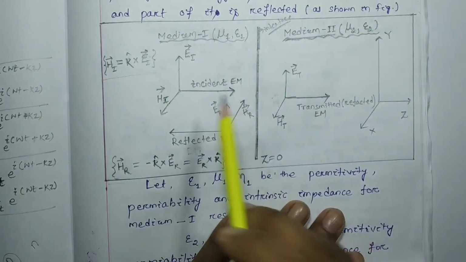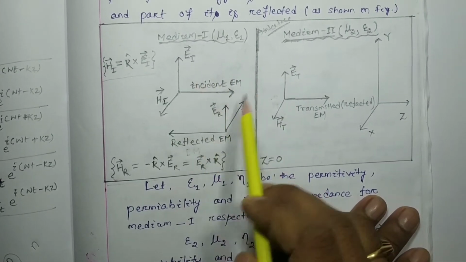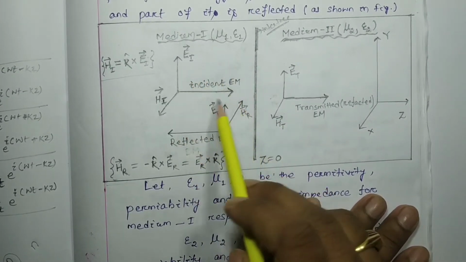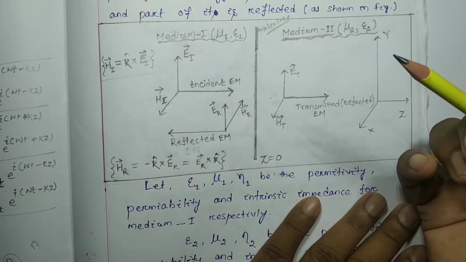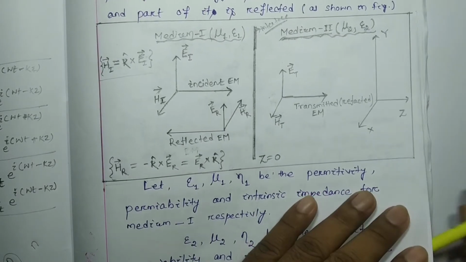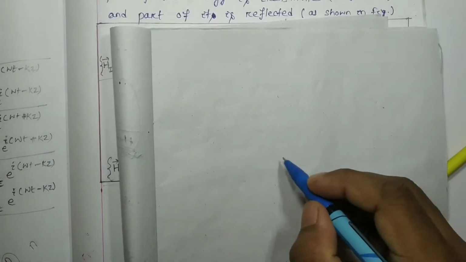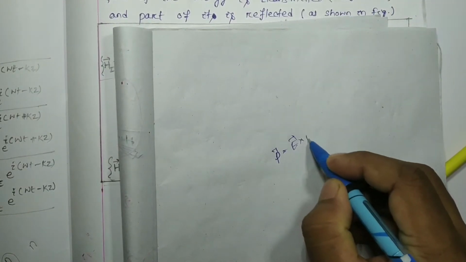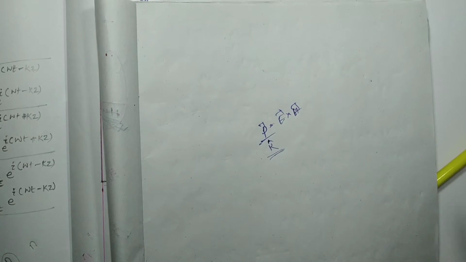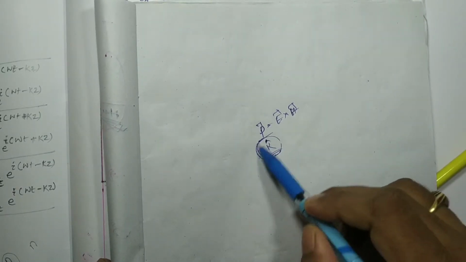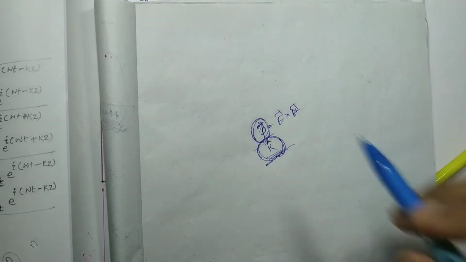This is your incident electromagnetic wave, and the net energy propagates along this way, because the energy is represented by the Poynting vector, P equal to E cross H. This P is along the propagation direction, and it represents the so-called energy.